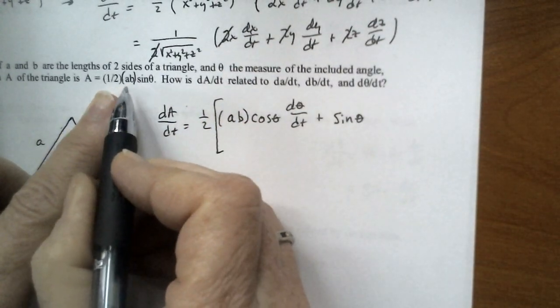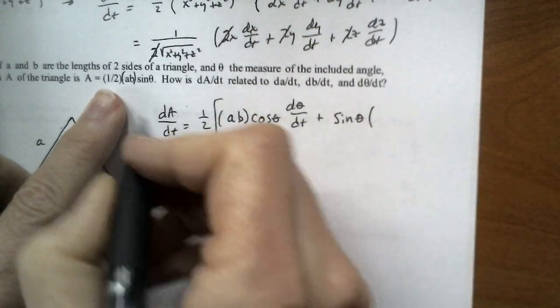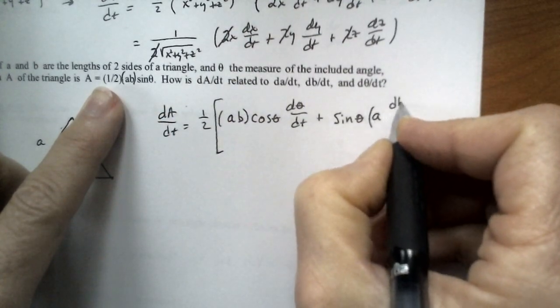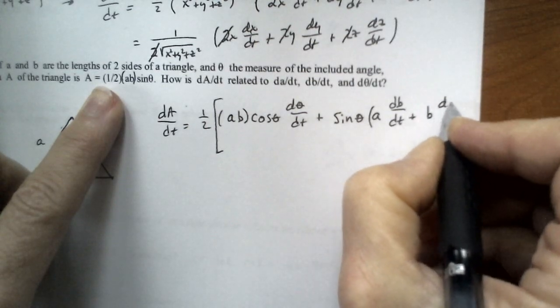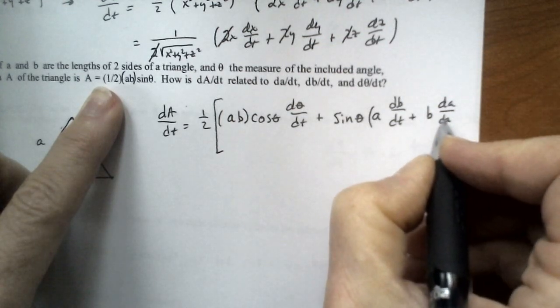Well, the derivative of AB, those are variables, so you have to use the product rule again. So the derivative of AB is first times the derivative of the second, dB/dt, plus second times the derivative of the first, dA/dt.